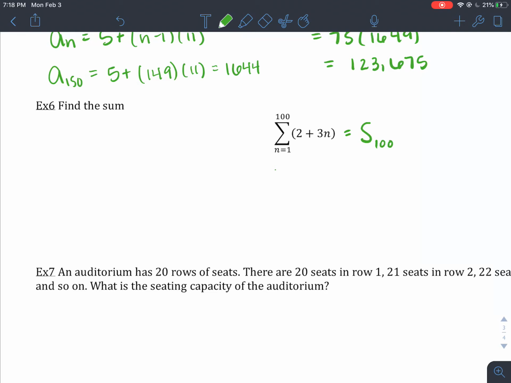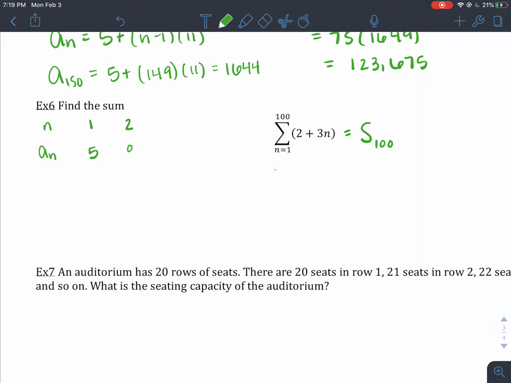All right, so what I want to do is rewrite this so it's in our nth term formula. So I'm going to look at my n values and my a sub n values, and I'm going to set this up. So when n is equal to 1, we still can use this to produce our a sub n values. It's just not in that a sub 1 plus n minus 1 times d format that we want to use. So when n is 1, a sub n, our first term, is actually 5.